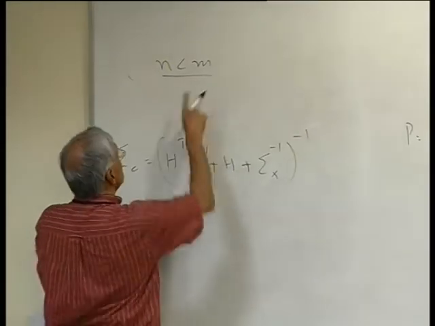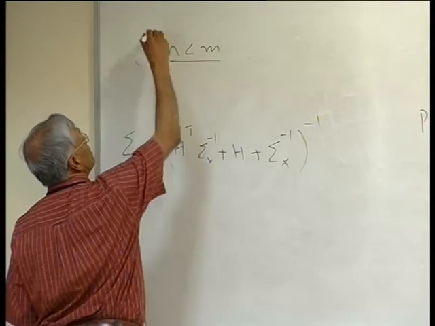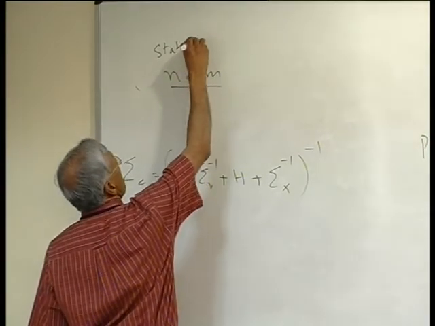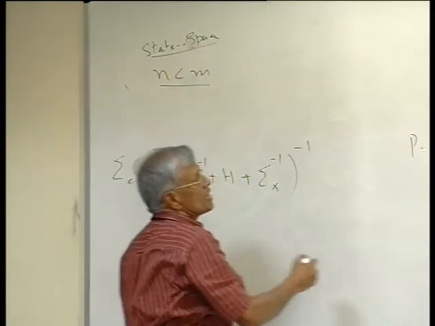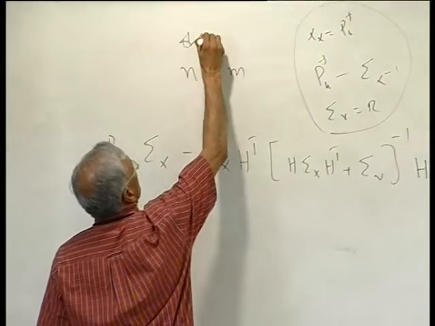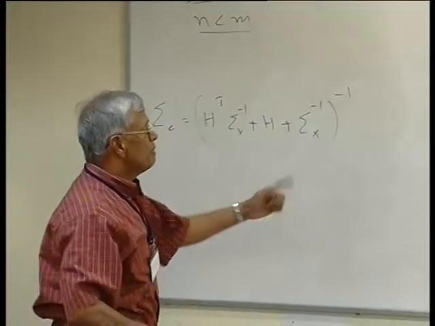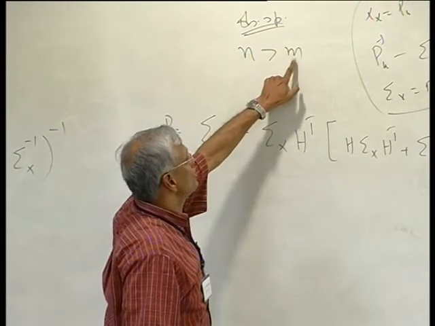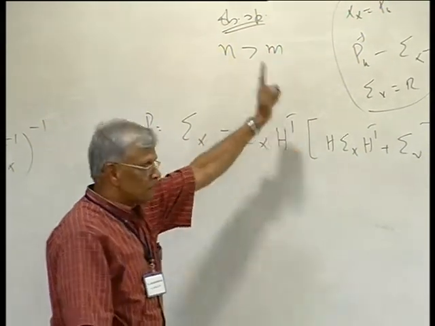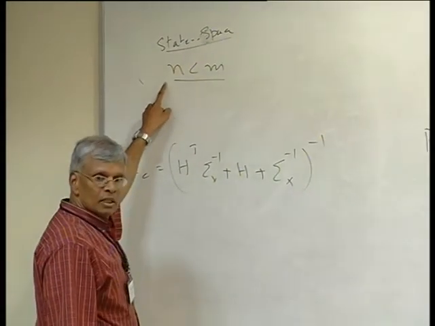So this I do when n is less than m. So what does it mean? This is called state space formulation. This is called observation space formulation. I will implement the Kalman filter in the observation space formulation when m is less than n. I will implement the Kalman filter in the state space when n is less than m.